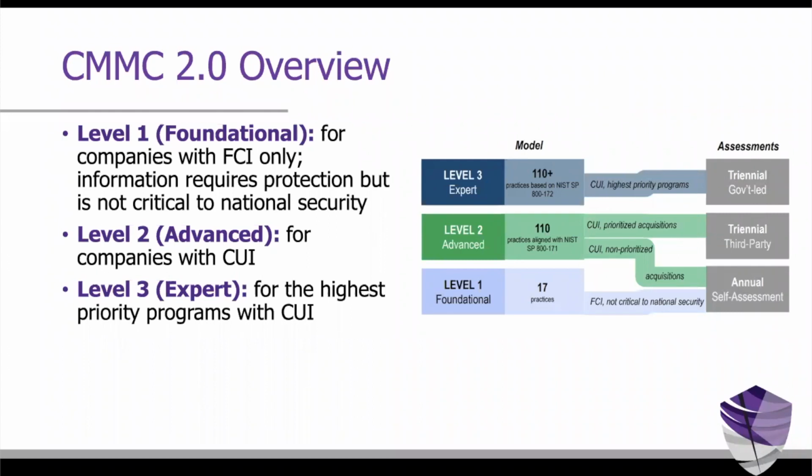I'll explain a couple of other things shortly about why it's important to understand why this has evolved from version 1 to version 2. But I would say that 80% of the folks out there that are dealing with information from the DoD within the defense industrial base are going to land in the level 2 space, mostly because they are dealing with CUI.